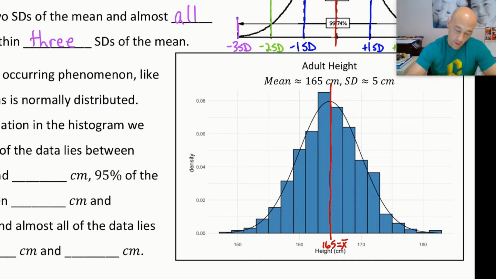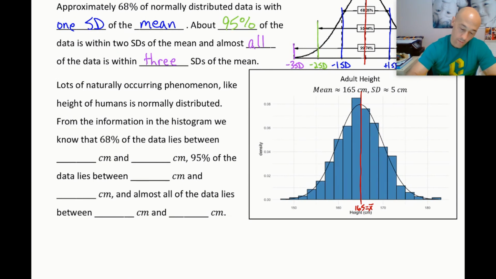So what we can do is take the mean, 165, and subtract one standard deviation, and we get 160.